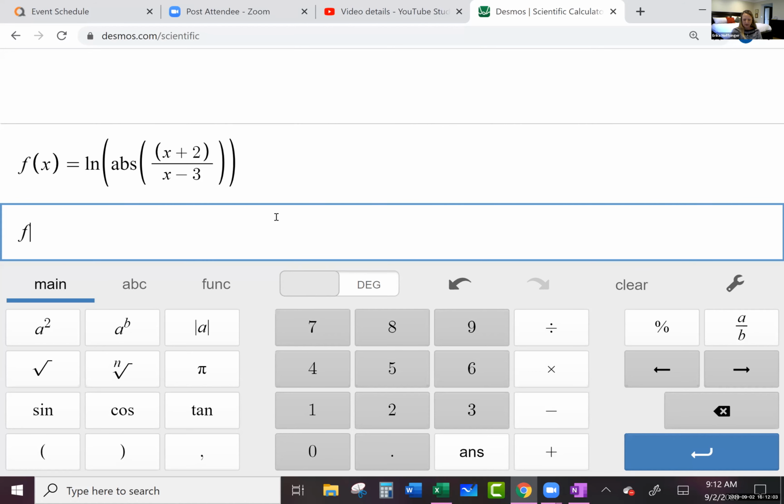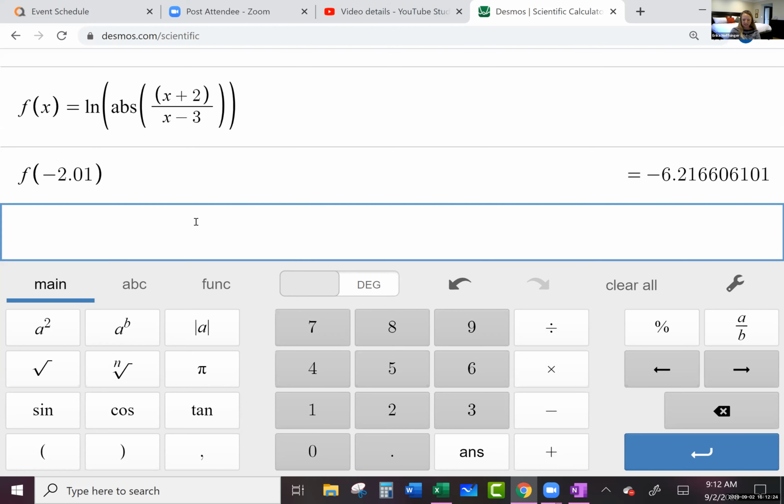So if I plug in numbers close to x equals -2, coming in on the right, that would be -2.01. Notice that is -6.2. Let's see if that y value is going there. Let's look at f of -2.00000001, which is even closer to -2.